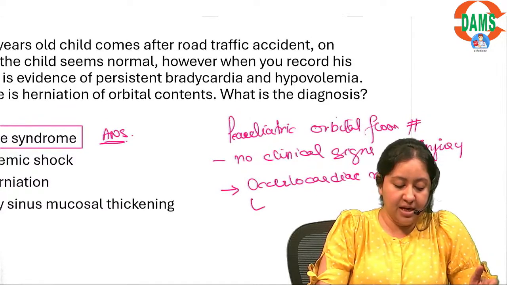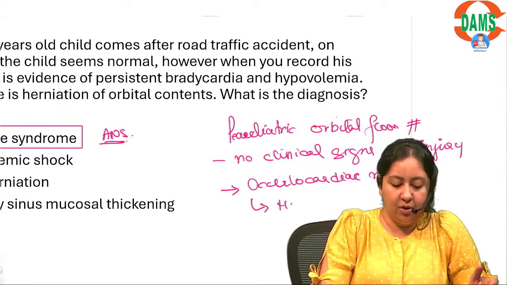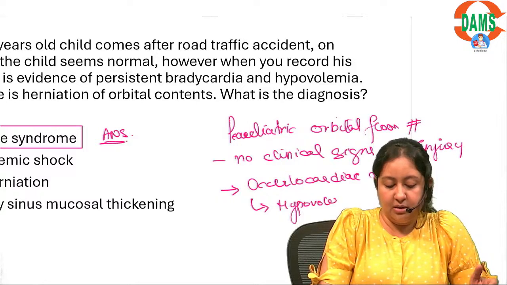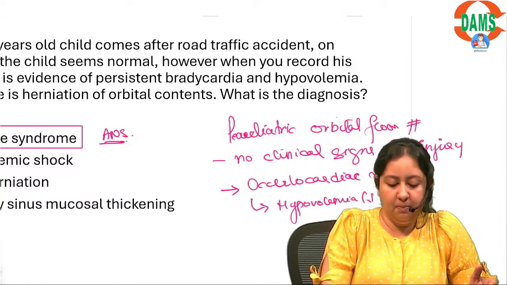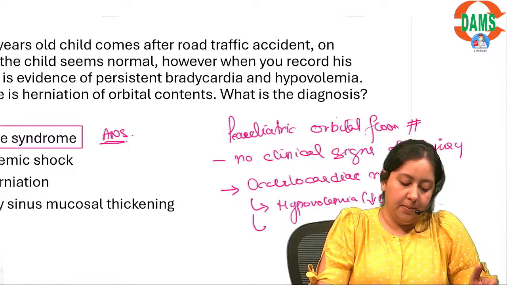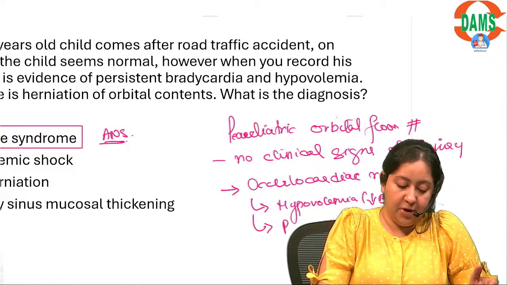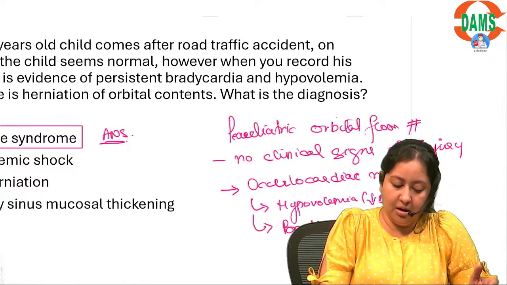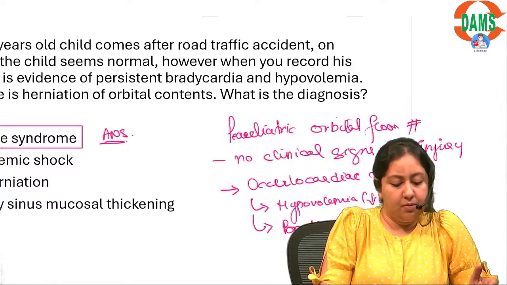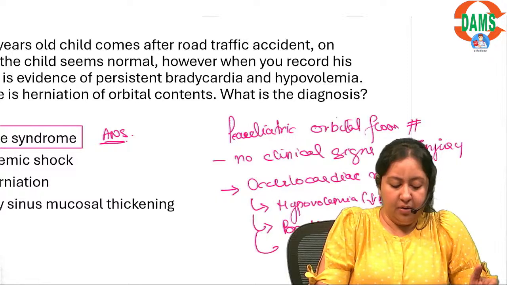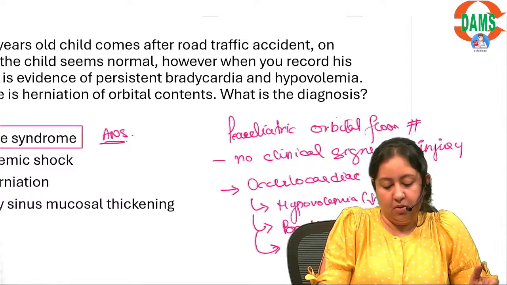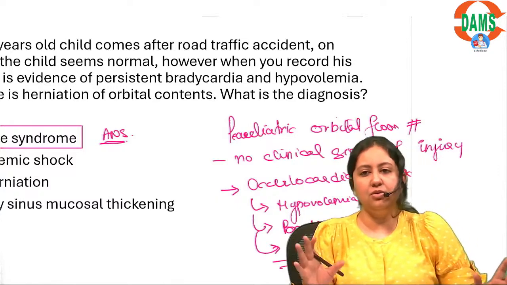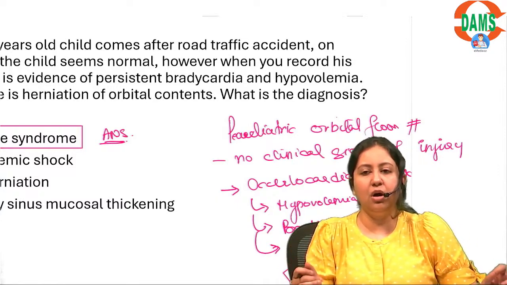It is basically a triad of hypovolemia, that is decreased BP, bradycardia, that is decreased heart rate, and nausea and vomiting. How this reflex happens, you don't need to go into the details, you just need to remember this triad.